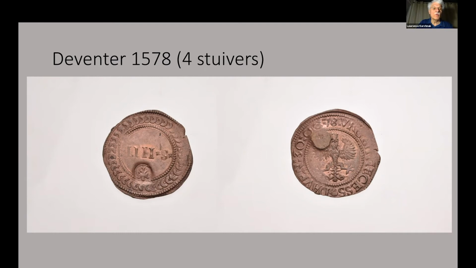They had a half, a 1, 4, an 8, a 16, 24, and I believe a 40 stiver piece in the series. And those are the two they show, a coin that circulated 1578 from Deventer and the counterstamp of the eagle of the city to indicate it's during the siege. Interesting, you will find these without the counterstamp, and the question is, did they circulate as siege coins, or were these ones just the only ones? Still a lot of research to be done here. It's fascinating.